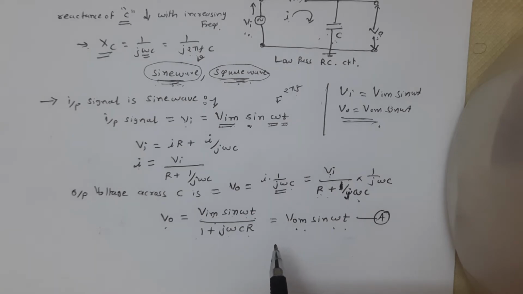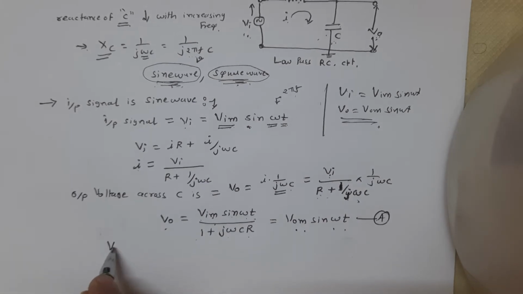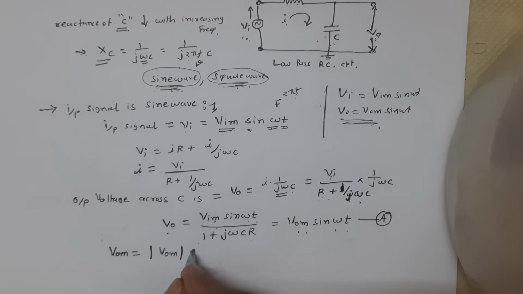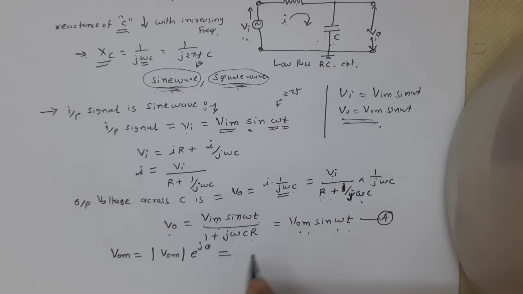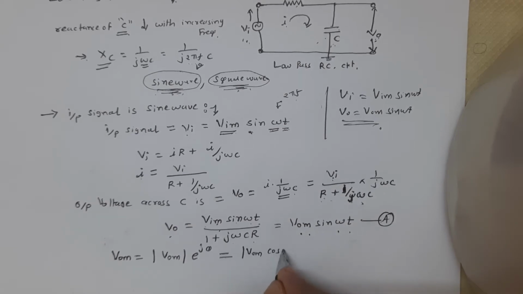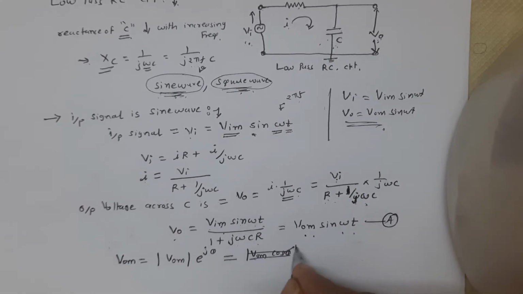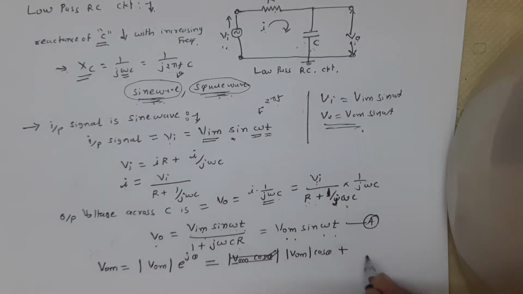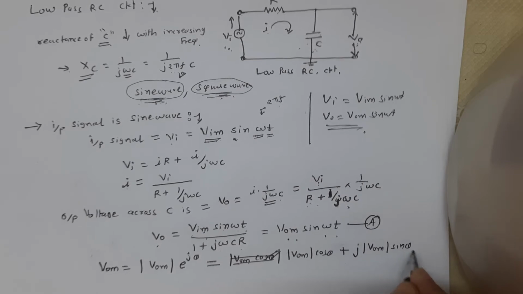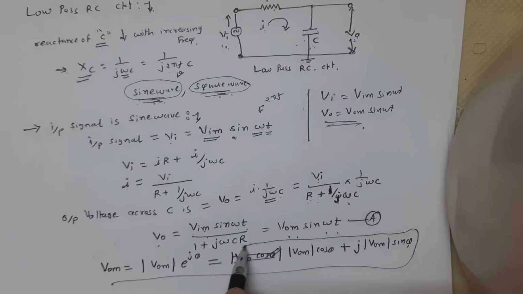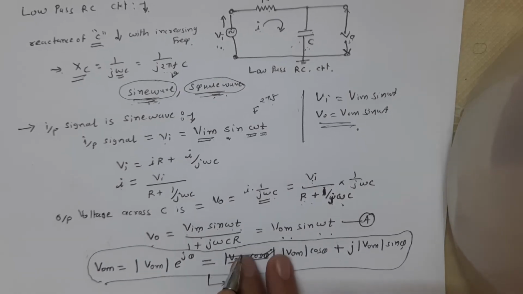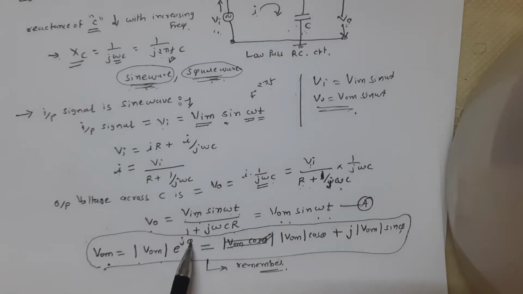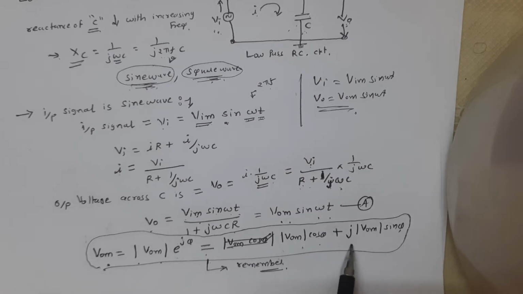Now here remember, what is your Vom? Vom is equal to modulus of Vom e raised to j theta, and it is also equal to modulus of Vom cos theta plus j modulus of Vom sin theta.